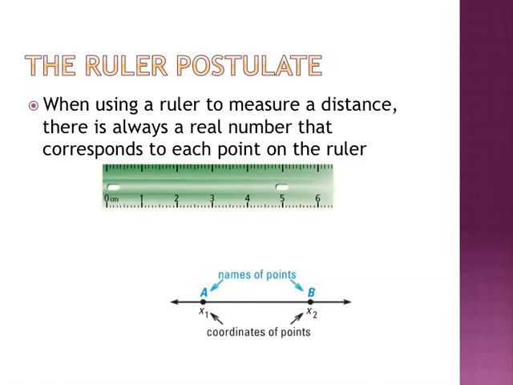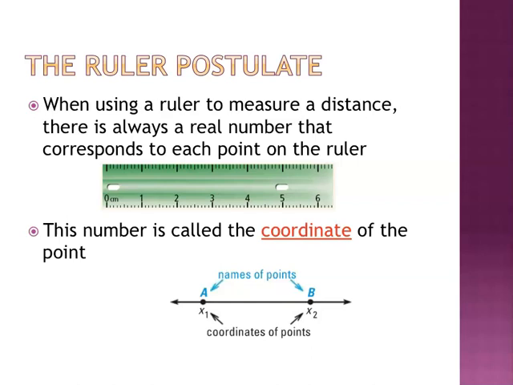If you were to use this ruler to measure, you're really always starting at 0, generally, and then you measure out to wherever the end point is of whatever you are measuring. And that point will correspond to another point on the ruler, and that tells you exactly what that distance is. So we call that number the coordinate of the point.